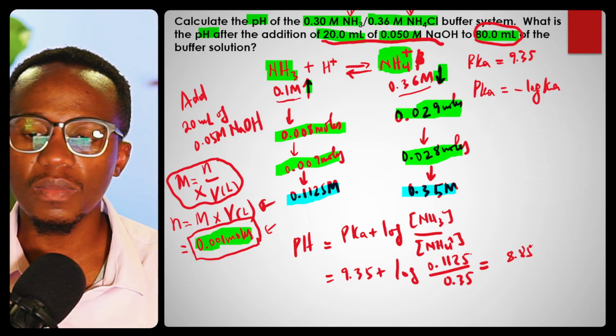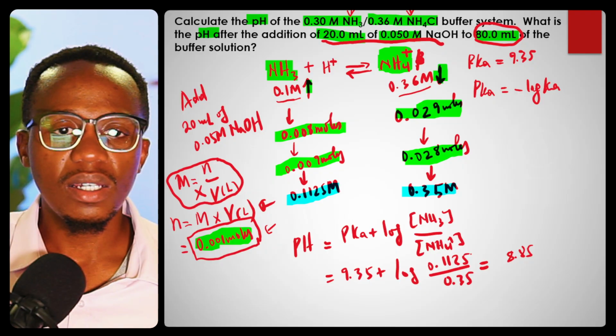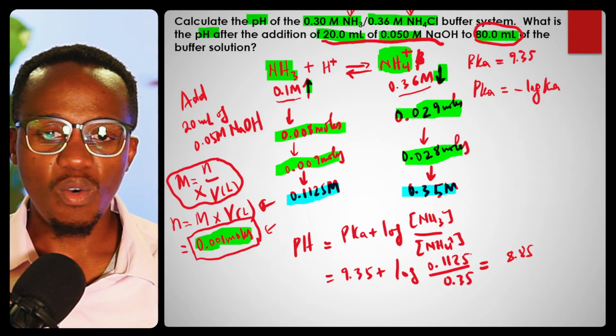All right, so that is again two very important lessons. One easy, one hard. The first important lesson is, how do you find the pH of a buffer? And that is easy because I gave you the formula.